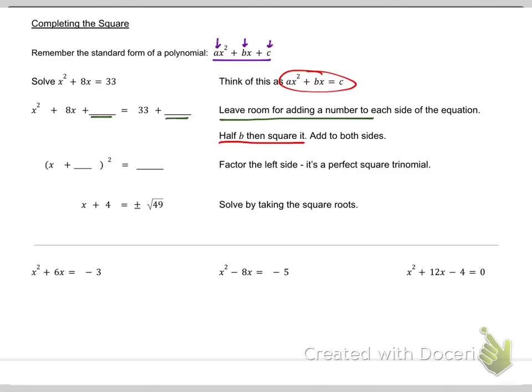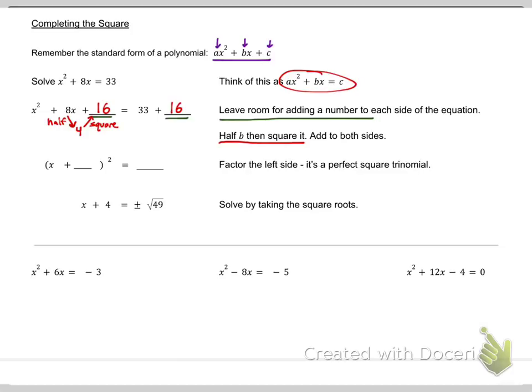So in this case, the b is 8. Half of 8 is 4. So that's the number that we're going to square to fill in the blank here. So 4 squared is 16, so we fill in the blank with 16, but if you add 16 to one side of an equation, you must add it to the other, which is why we have two blanks.